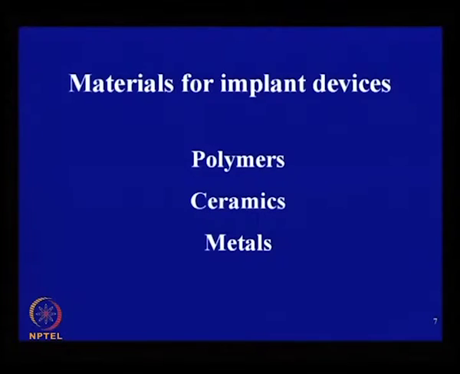That means, we must try to find out some similarity of these polymers with the polymers present in the host tissue. Yes, please. Native bone will be formed, or the replaced bone will act like a native bone?